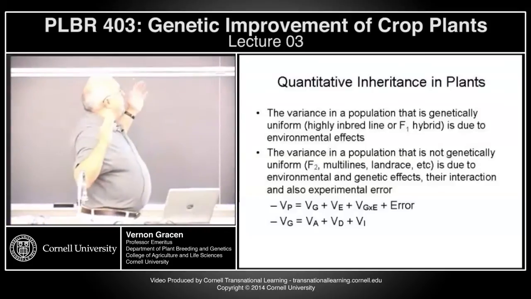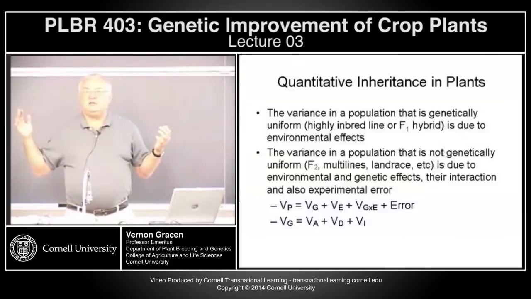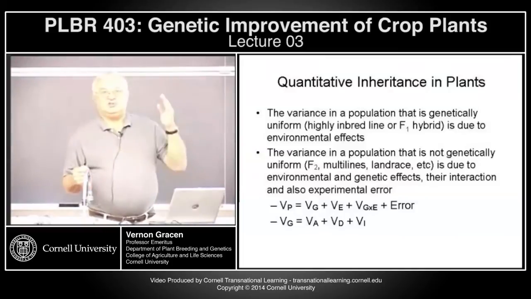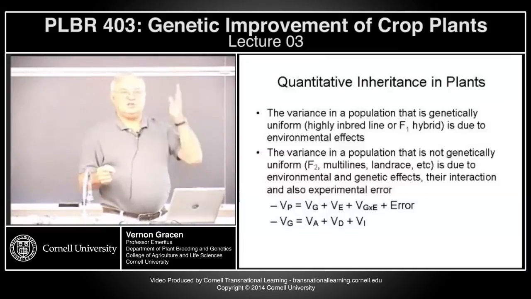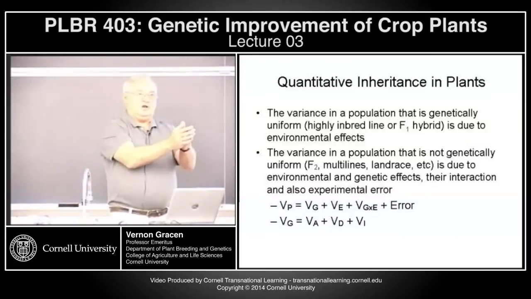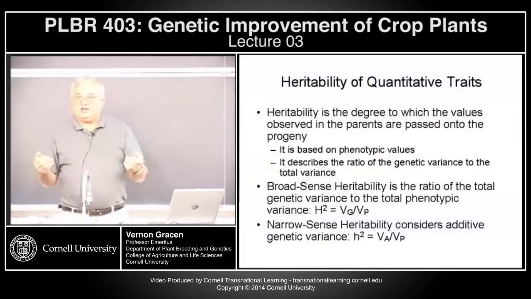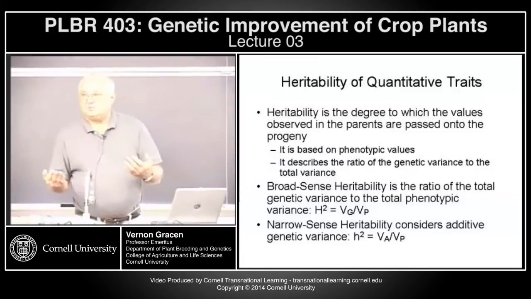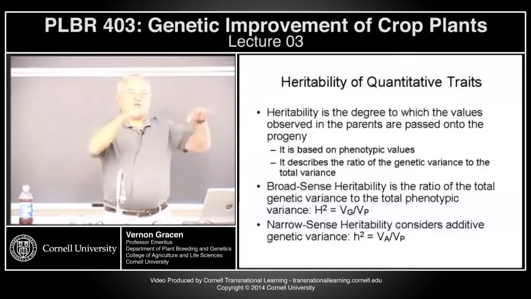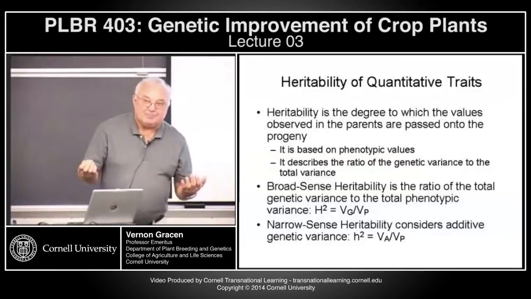But for now, all we need to know is the variance in a population. How do we use this in plant breeding? Well, if you've got a population that is genetically uniform, a self-homozygous individual where all of the genes within the plants of a variety are pretty much identical, say a pure line variety of wheat is probably 98% homozygous, there's not a lot of genetic variation in that population.